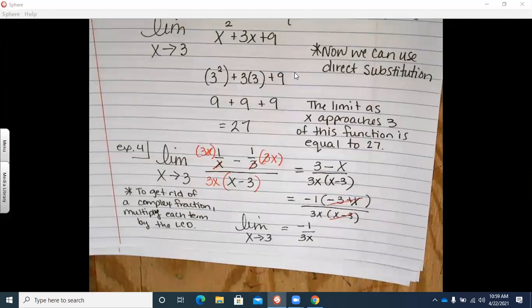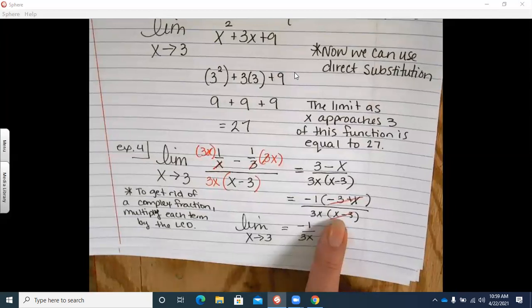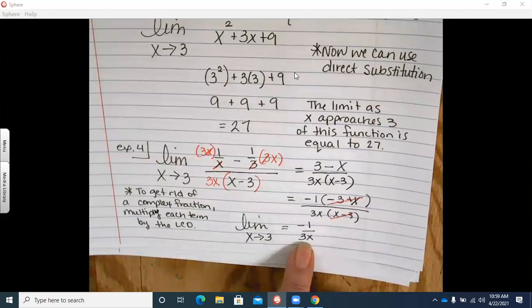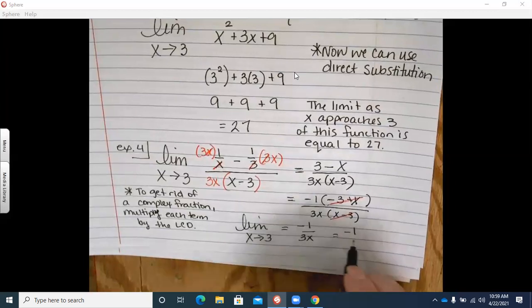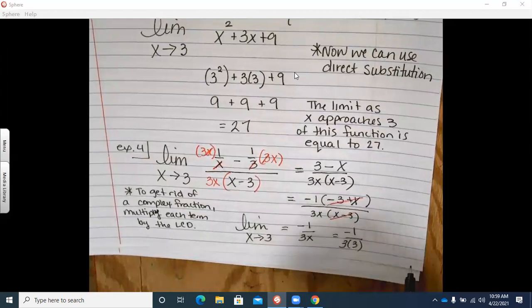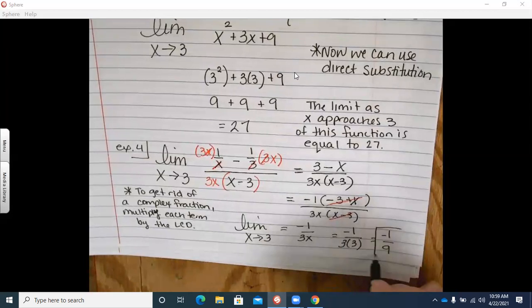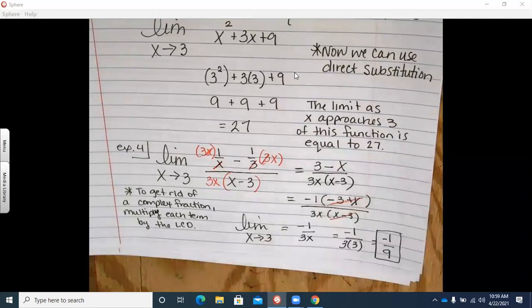But while we still had that x minus 3, if you plug in a 3 there, 3 minus 3 is 0, times 3 times 3 is 9, 0 times 9 is 0. But right now, if you plug in a 3, you won't get a 0. So negative 1 divided by 3 times 3 is negative 1 over 9. And that is our answer. The limit as x approaches 3 is equal to negative 1 over 9.